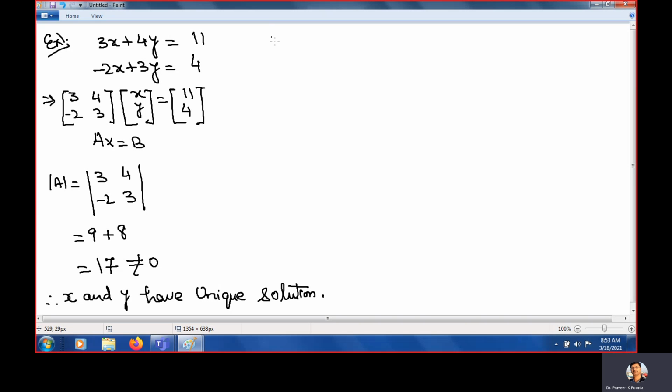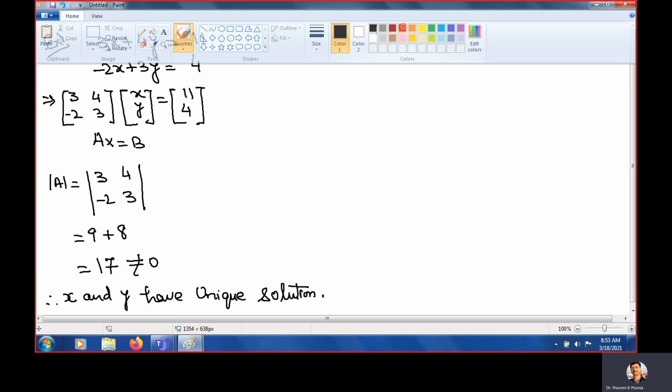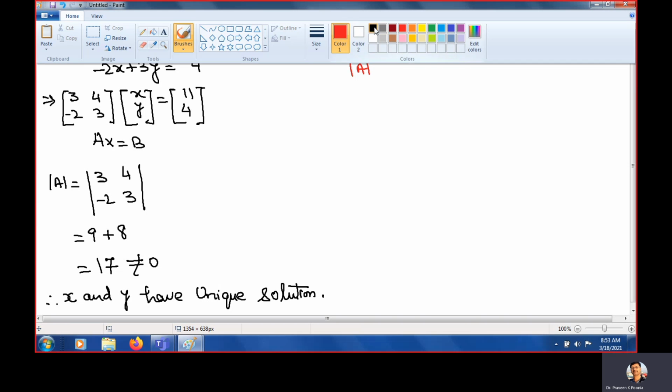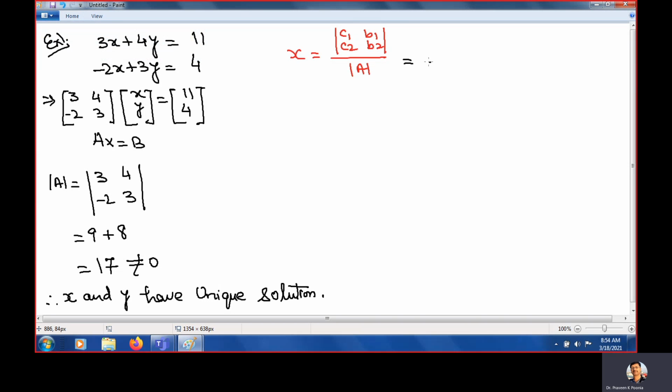Clear? Now find the value of x. What is the formula? Formula is x equals determinant CB: |C1 B1; C2 B2| upon determinant of A. Clear? Now put the values. C1, C2 is 11, 4.